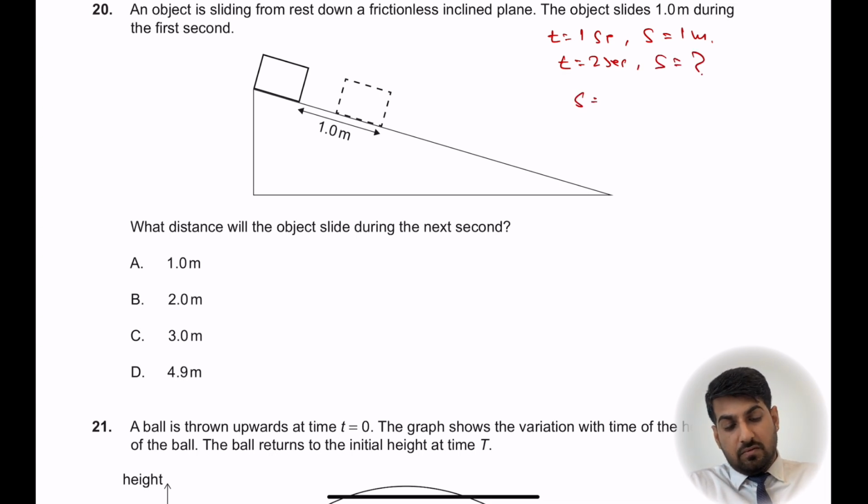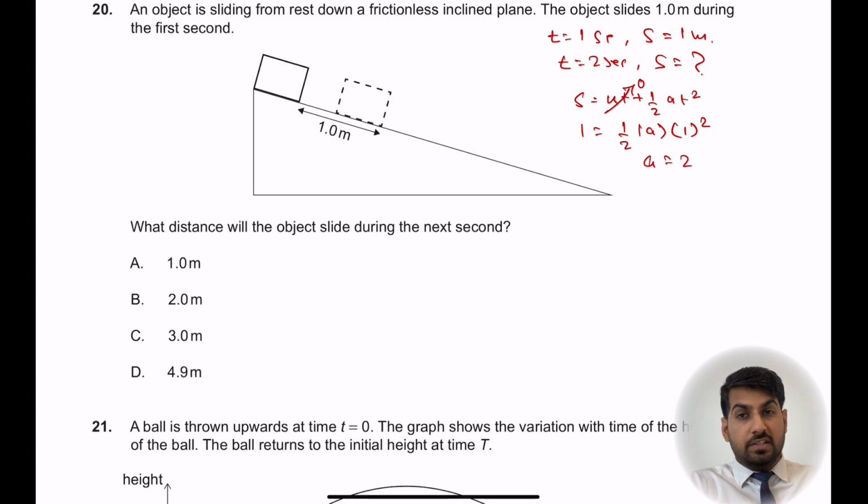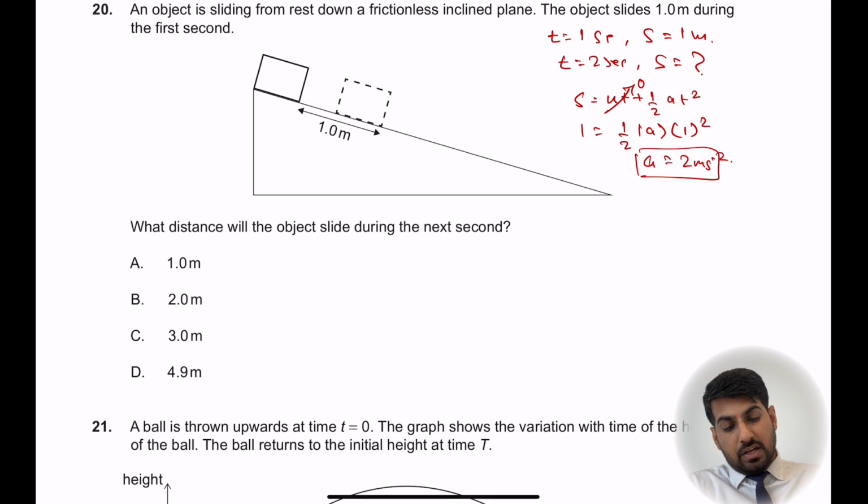So I use s equals ut plus half at square, right? So s is 1, initial velocity is 0, so half into a into t square is 1 square. So acceleration is 2. Now the acceleration remains constant, right? So acceleration is 2 meter per second square. So I use s equals ut plus half at square again, with u as 0, for time from 0 to 2.